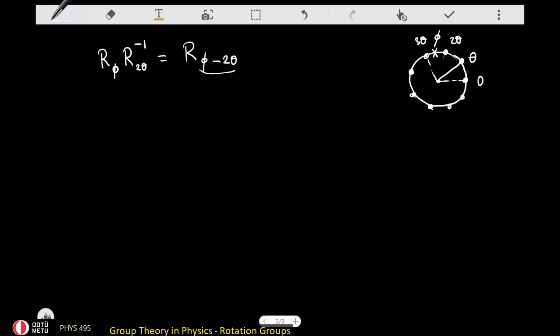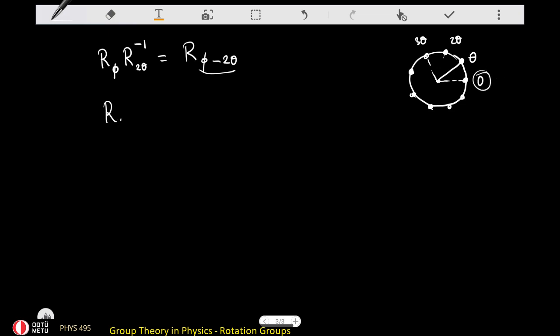But in that case, phi minus 2 theta would be an angle somewhere in here, which would imply that there's also a rotation with an angle smaller than theta, which is against what we have assumed before. So this implies that there cannot be an angle apart from these integer multiples of theta. This is a proof that all of the rotations within that group are obtained from R theta.